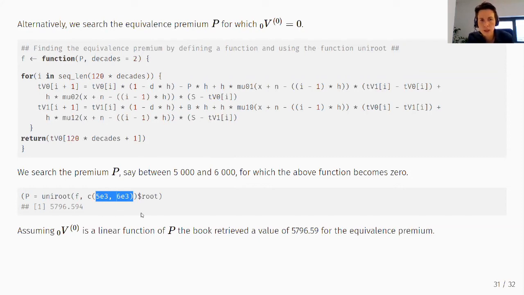So I say, let's look for the actuarially equivalent premium along this interval of values for P that we already considered. So here is my actuarially equivalent premium, and that's in fact very, very close to the one that we obtained a couple of lectures ago when we did this linear interpolation, or linear approximation kind of thinking. That's what I wanted to illustrate here as well.